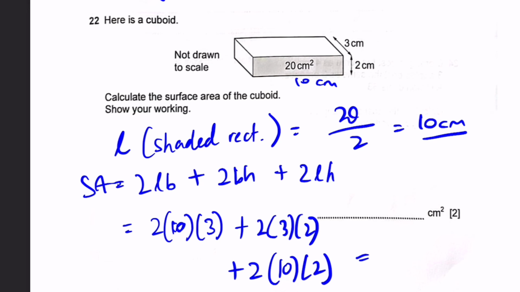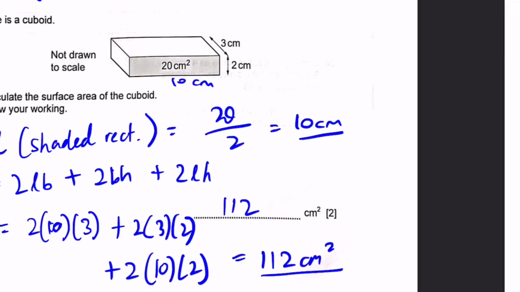Therefore, the surface area will be, if you calculate it correctly, 112 centimeters squared. That's the answer. Question 23.